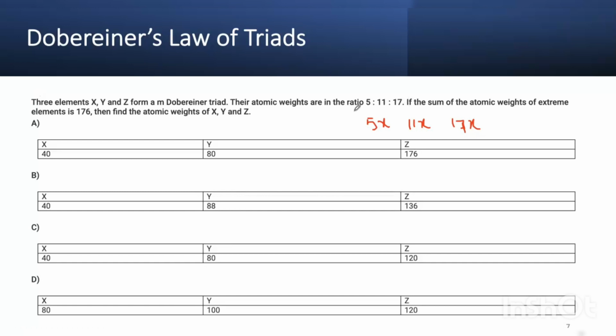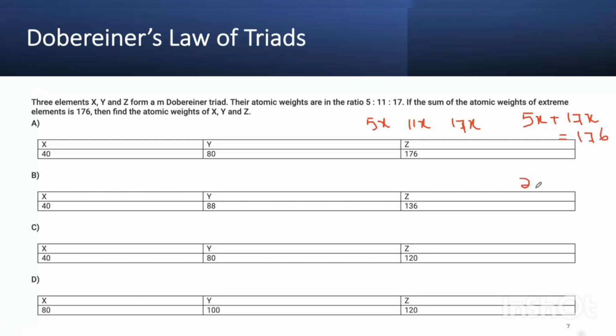So, their sum of atomic weights, it will be 5x plus 17x, that is equal to 176.